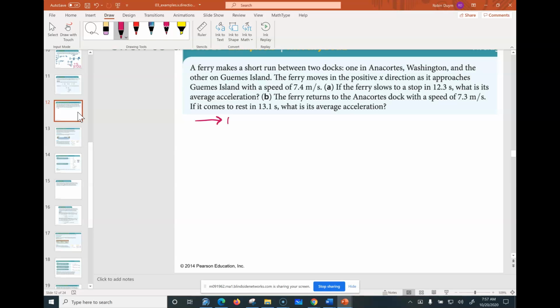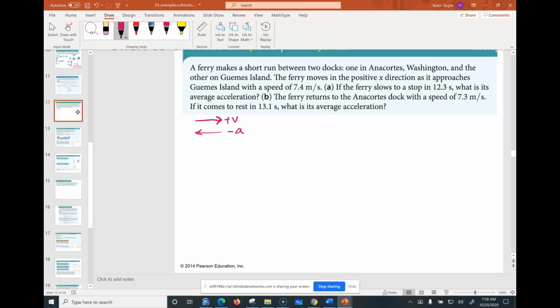So if he's moving that way, it's positive v. It's slowing down. What direction is my a going to be in? If you're moving in the positive and slowing down, what's that? Yeah, to the left. Excellent. My virtual people are with me. All right, negative a. So just keep that in mind.